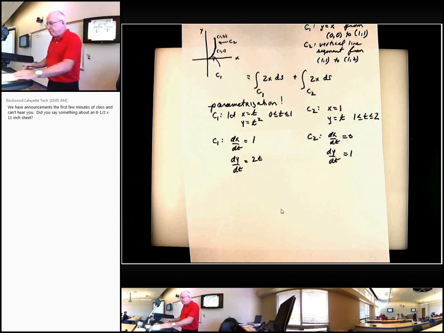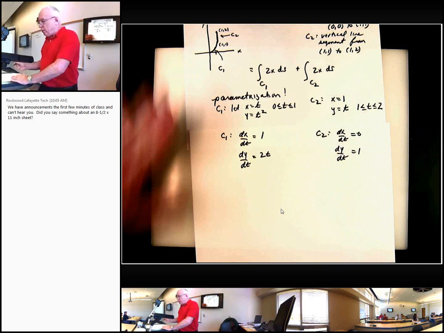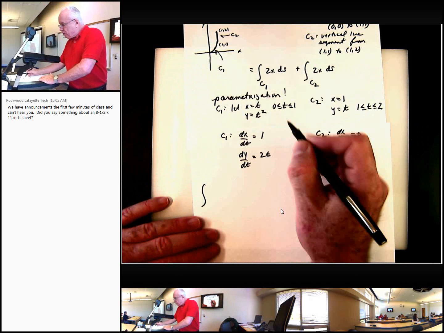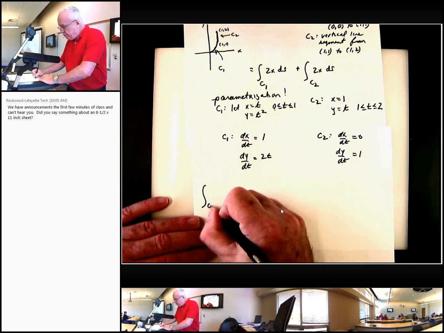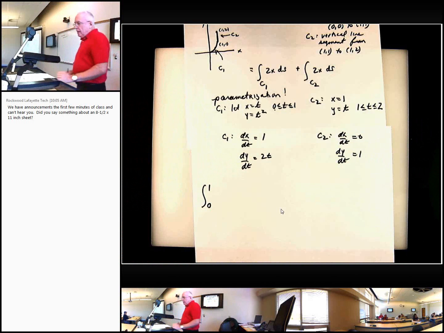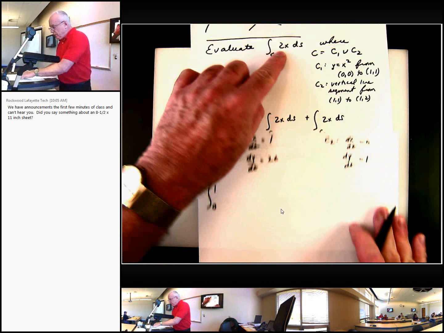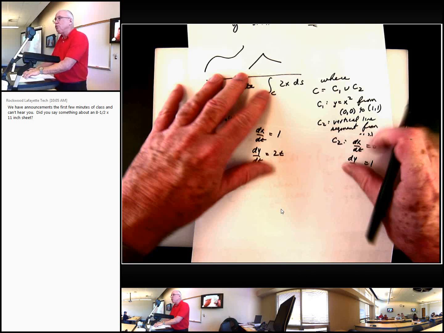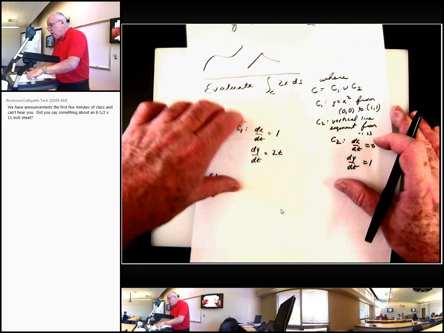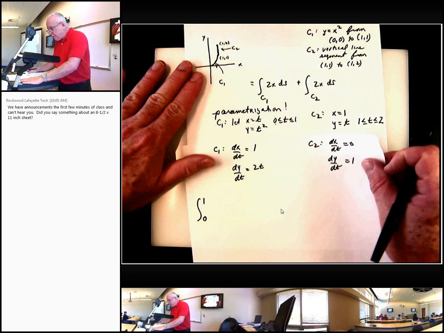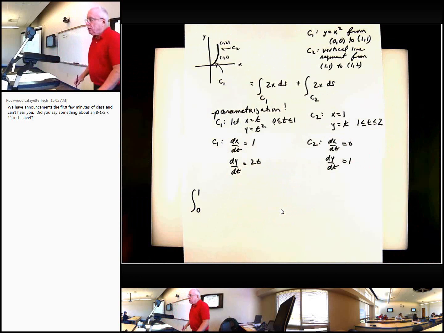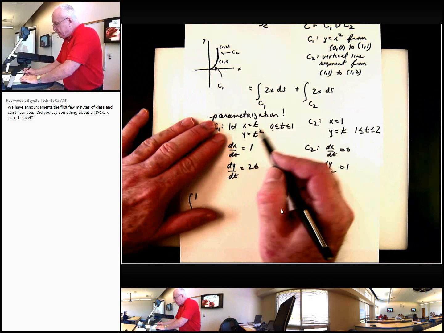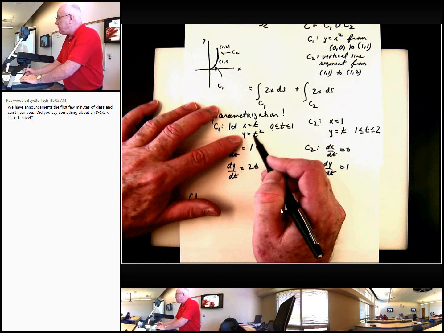All right. So let's set up our integrals here. Now for our first one, our parameter goes from 0 to 1. What's our function that we're integrating? We're integrating over this curve the function 2 times x. So we have to plug our parameterization into our function. Our parameterization here is x equals t, y equals t squared.